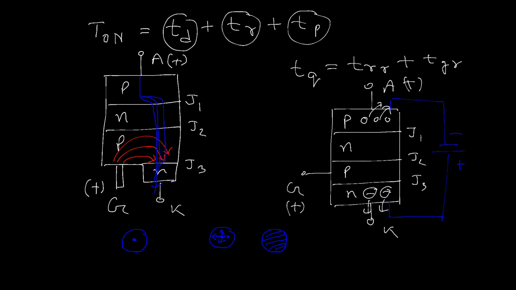Once junctions J1 and J3 are reformed, the current cannot flow easily from anode to cathode as it did when they were forward biased before. That means the anode current, which is responsible for the majority carrier movement, is now opposed by the depletion layer across junctions J1 and J3.